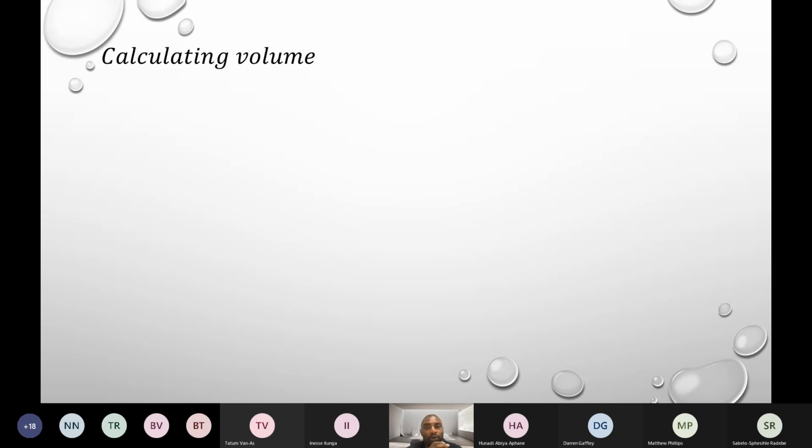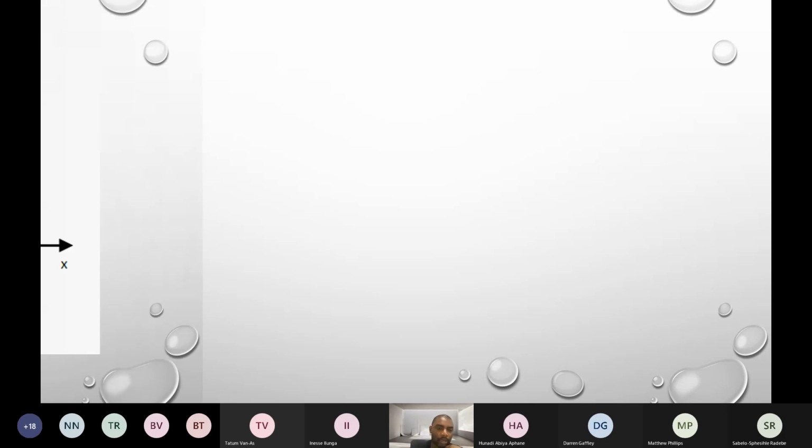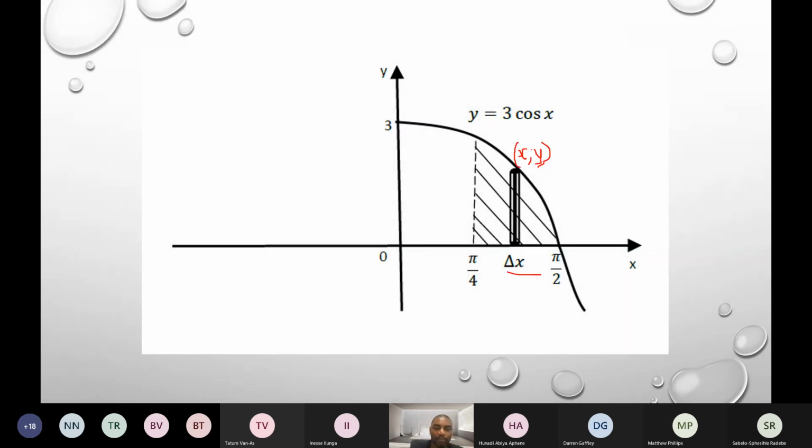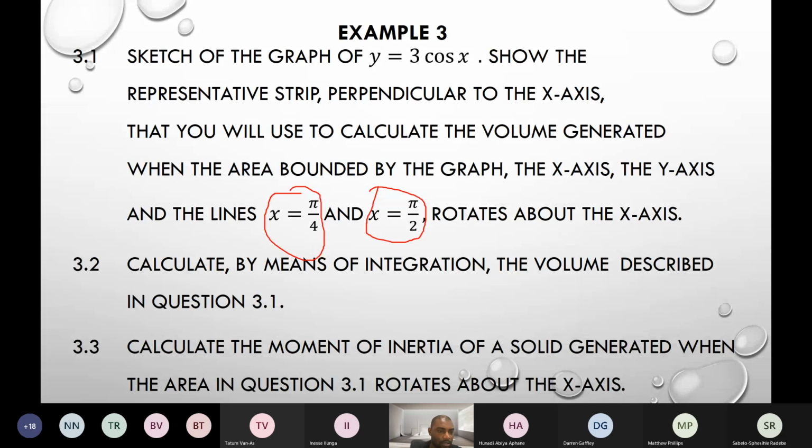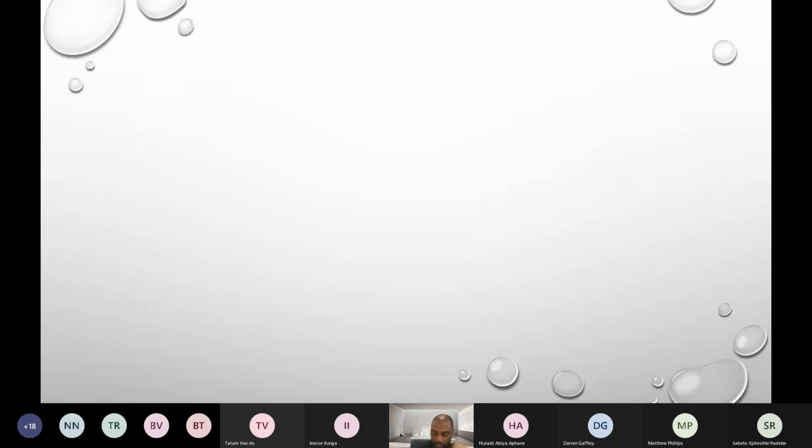So the next part is when we calculate volume. Okay, so you can see already that it's rotating about the x-axis and the limits are in the x-axis. So if I'm calculating volume, we know the formula for volume, right?